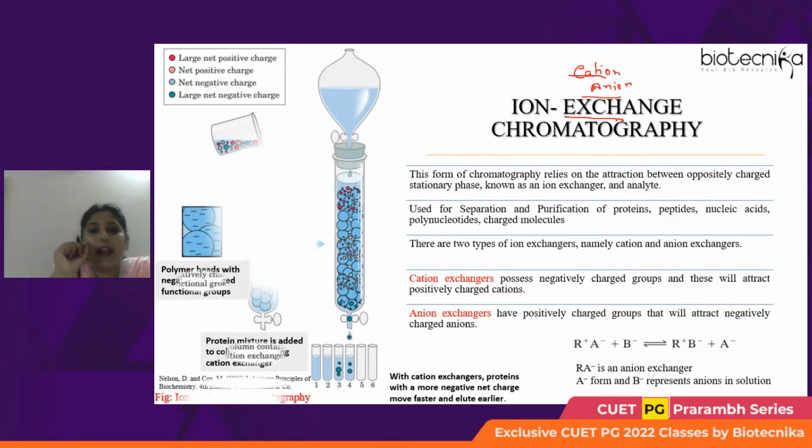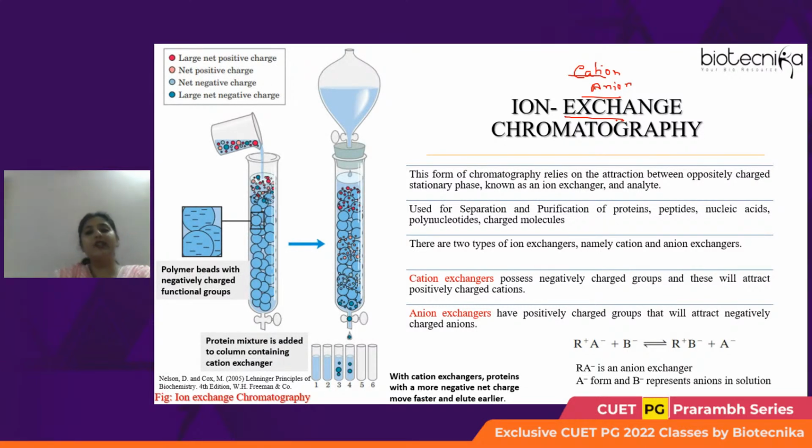Ion exchange chromatography basically relies on attraction between an oppositely charged stationary phase, known as ion exchanger, and the analyte. Because we are dealing here with charged particles, it is related to attraction between oppositely charged particles. One will be attached to an ion exchanger and another particle will be in your analyte, the substance that you want to separate.